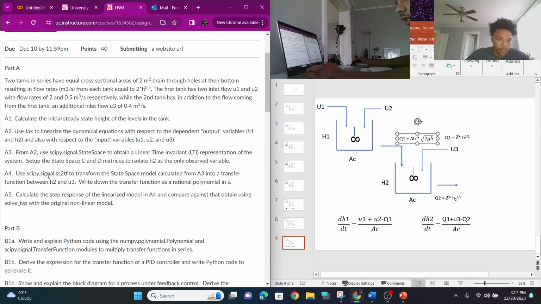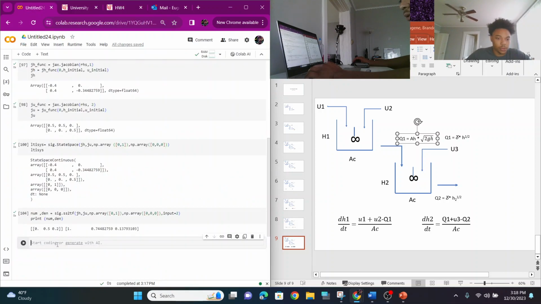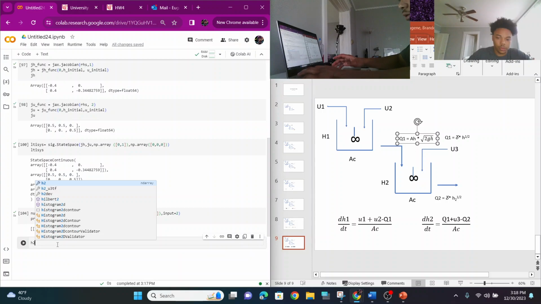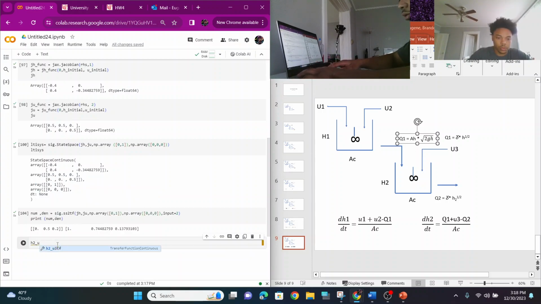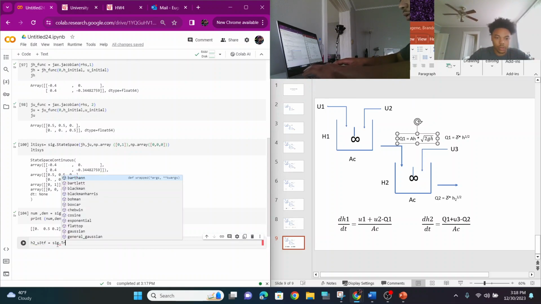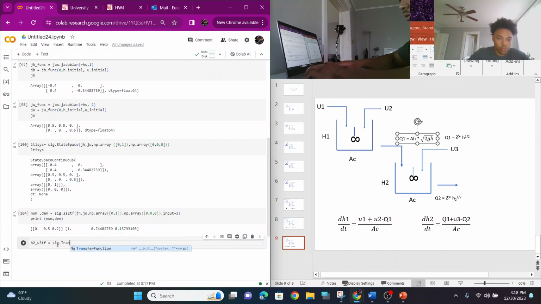So use scipy.signal.StateSpace to transform the state space model calculated in A3 into a transfer function between H2 and U3. So now I need to make that into a transfer function. So H2_U3 is going to equal sig.transfer function of, comma again.